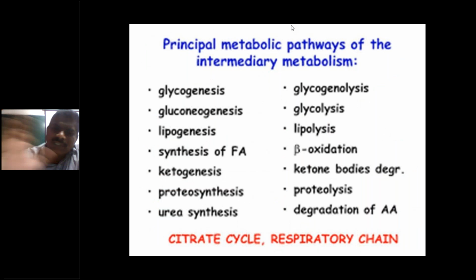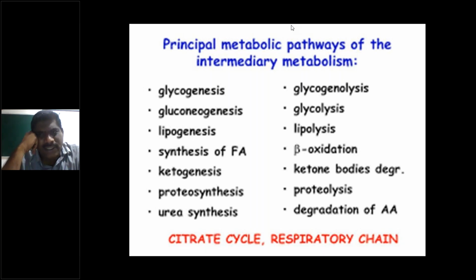Overall, what are the major pathways? The major principal metabolic pathways of intermediary metabolism are glycogenesis, gluconeogenesis, lipogenesis, synthesis of fatty acids, ketogenesis, protein synthesis, and urea synthesis.